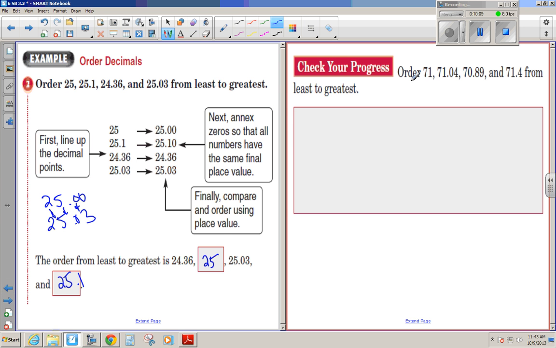All right, order these up. Let's look at them. Here's 71, 71.04, 70.89, 71.4. The 7s are all the same, but when we get here, the 0 is our first number.